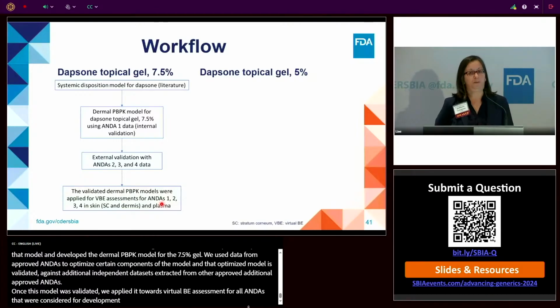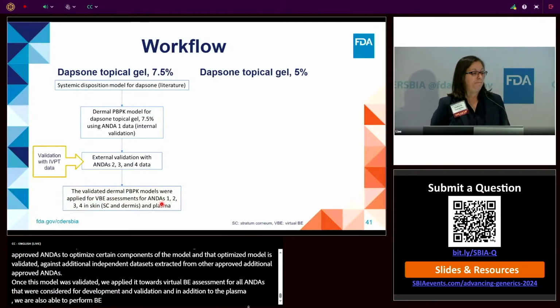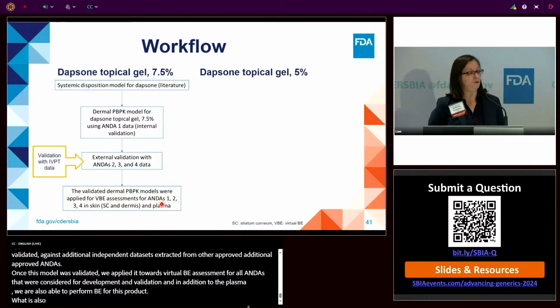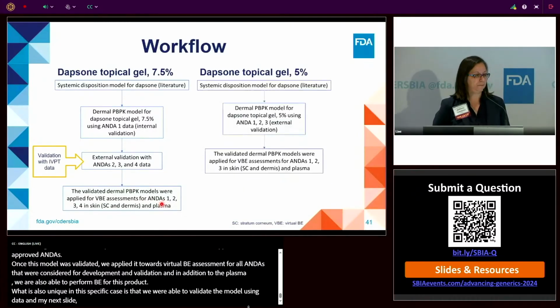And in addition to the plasma BE assessment, we also were able to perform bioequivalence assessment in the stratum corneum and the dermis for this product. What was also unique in this specific case is that we were able to validate the model using IVPT data. And in my next slide, I will go into a lot more detail on this.